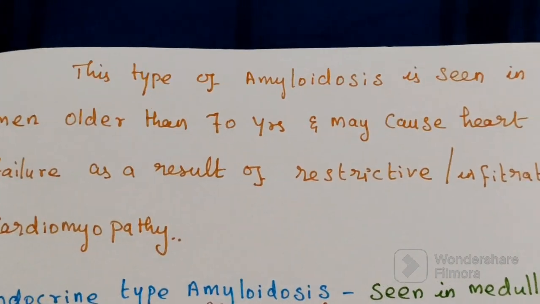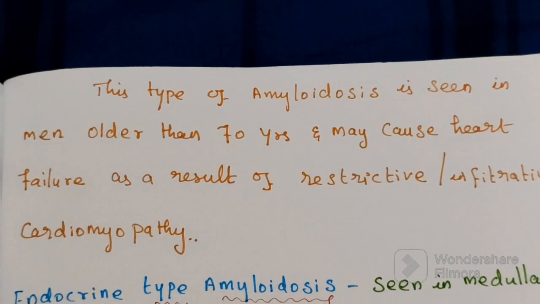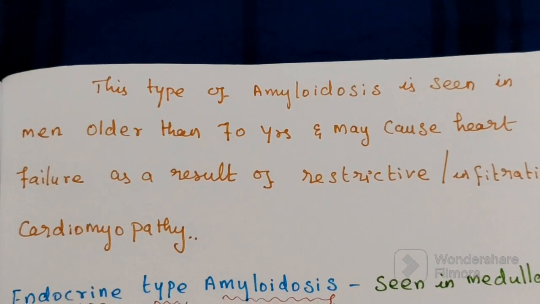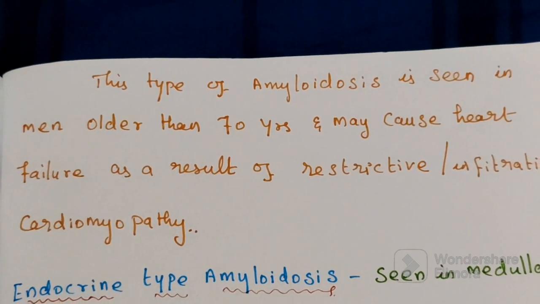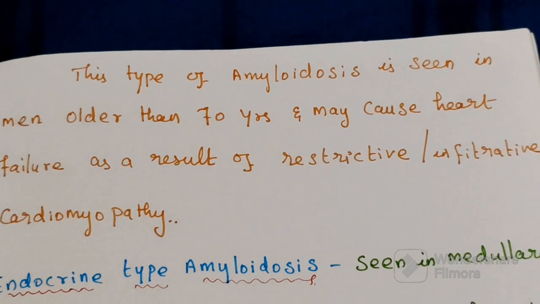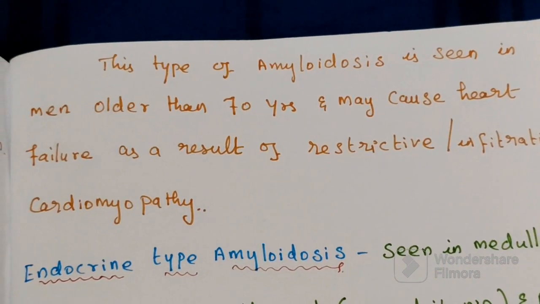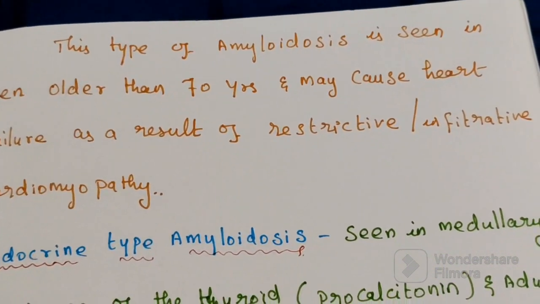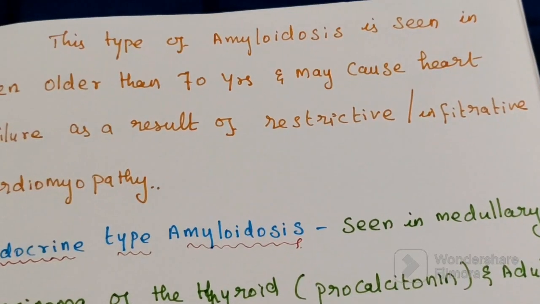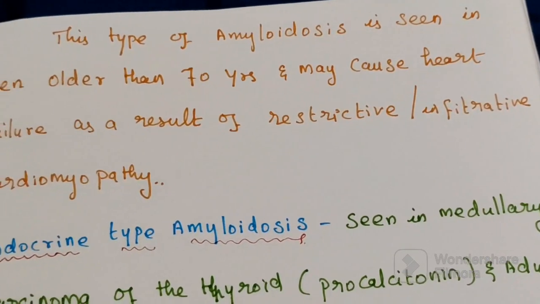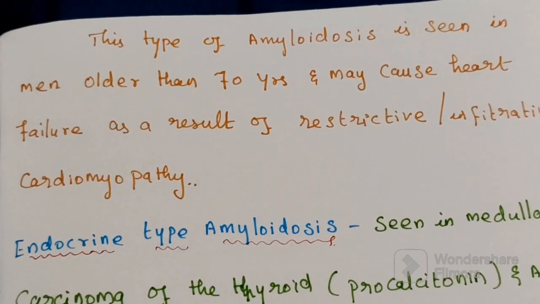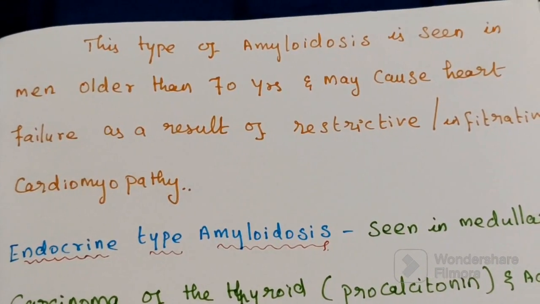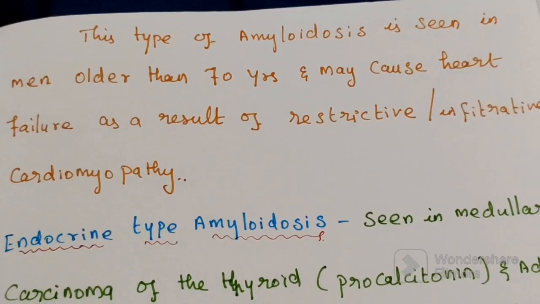This type of amyloidosis is seen mainly in men older than 70 years and may cause heart failure as a result of restrictive or infiltrative cardiomyopathy.